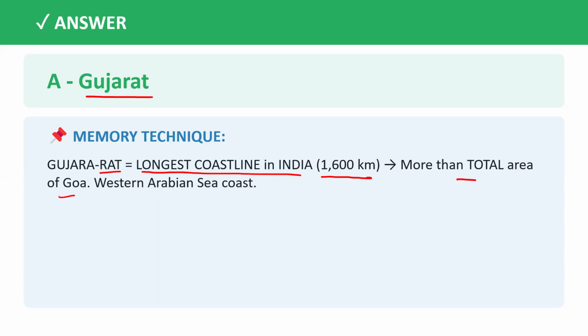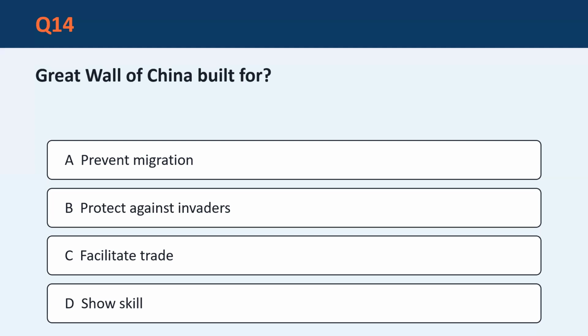The next question is, the Great Wall of China was built for what purpose? And the options are to prevent migration, to protect against invaders, to facilitate trade, or to show a skill.